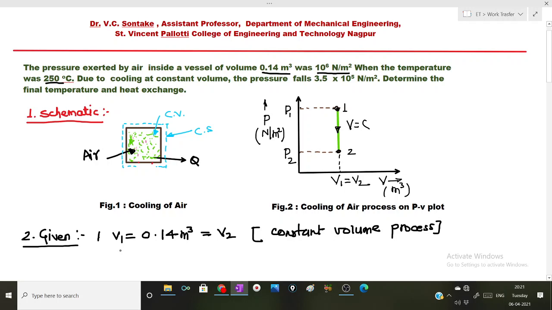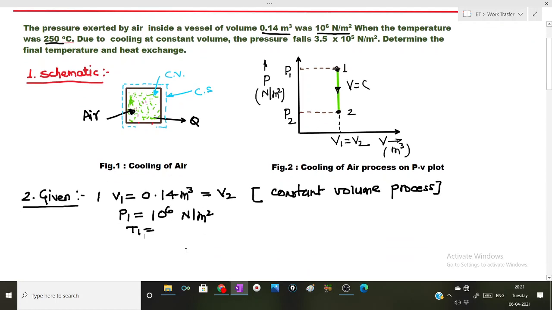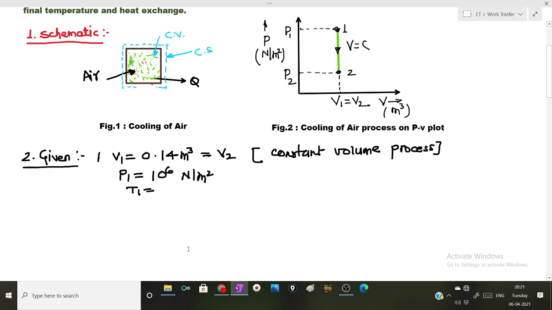Then P1 is given as 10 to power 6 Newton per meter square and temperature T1 is 250 degrees Celsius.